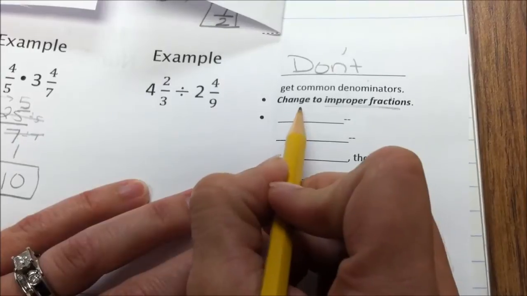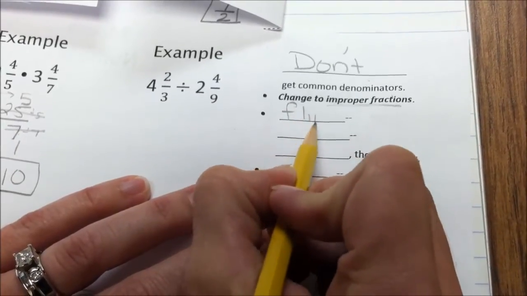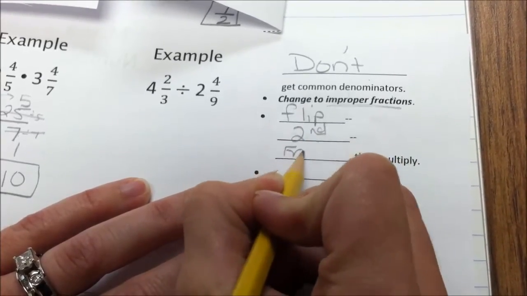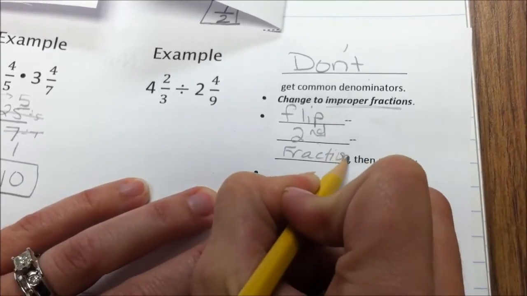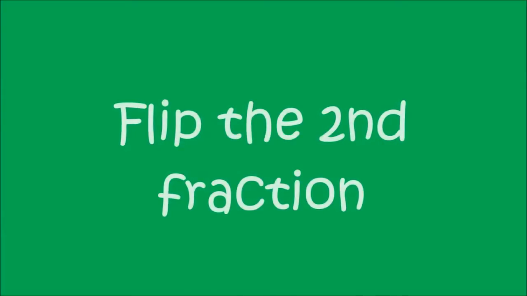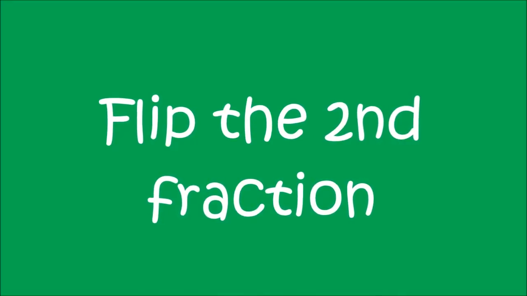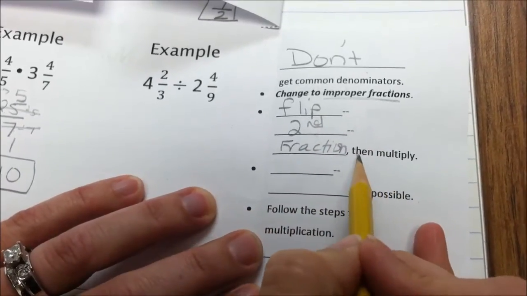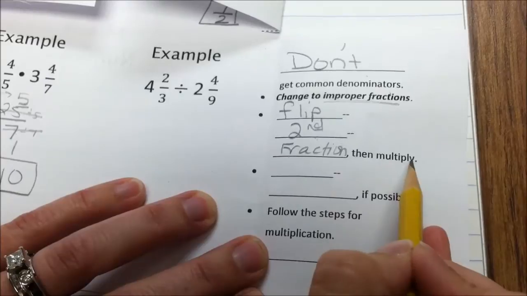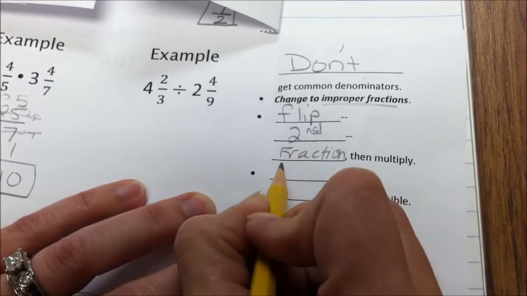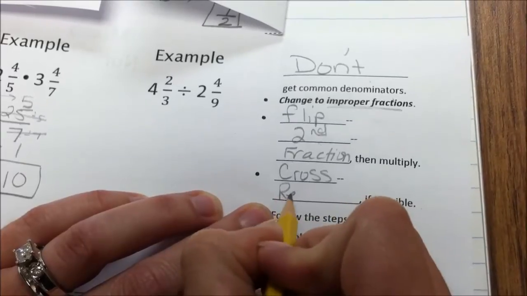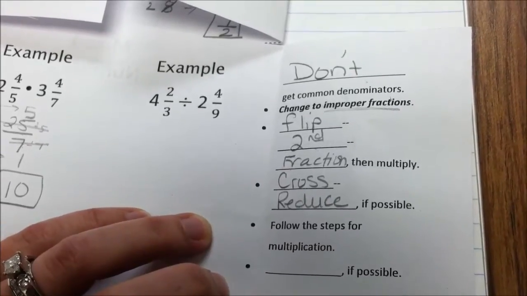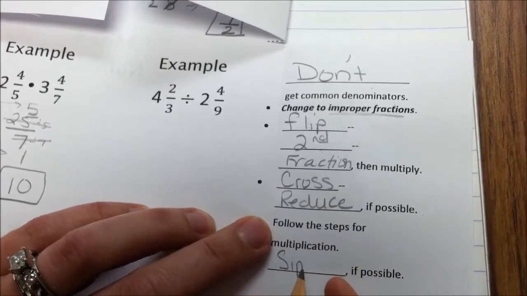Now for this one, since it's dividing, you have to flip the second fraction. Remember, that's its reciprocal. Once you flip the second fraction, then you're going to multiply. You will always cross-reduce if you can. And then you follow the steps for multiplication. And with all fractions, you are going to simplify your answer at the end.